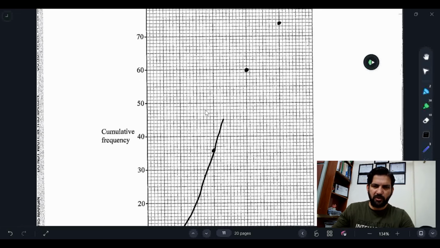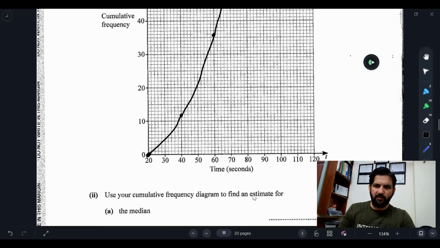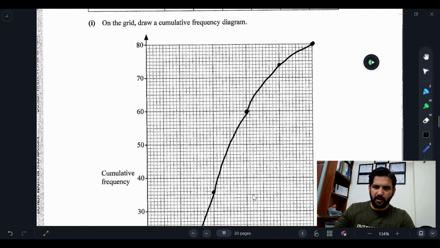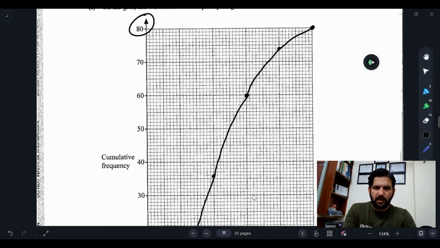And the good part is, if there is a slight mistake in this part, then you will get the advantage of error carried forward. So try to make it as smooth as you can. Now the median.